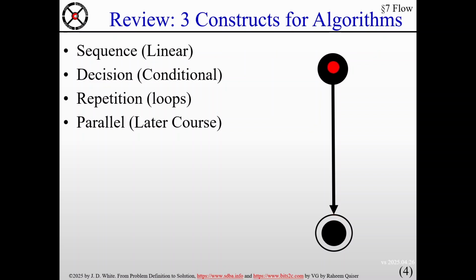You can do parallel in C using the POSIX library, which is one possible way of doing parallel programming in C, but it's not part of this course. So programs are just composed of these three types of operations: sequence, decision, and repetition combined in different ways. And we can program anything with these three things.